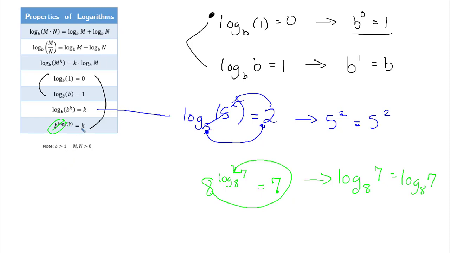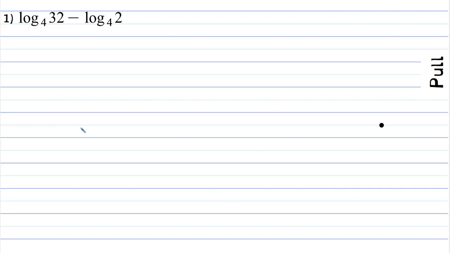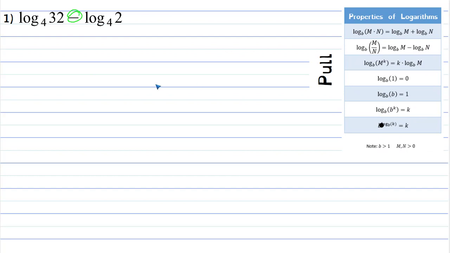Let's go ahead and work a couple of problems. Let's look at this first one. My big operation that I'm looking at is subtraction. So when I look at those rules, the rule that had to do with subtraction told me that I would divide.